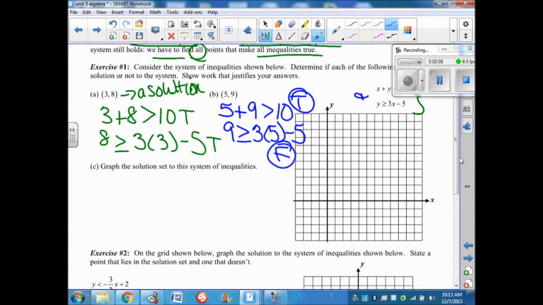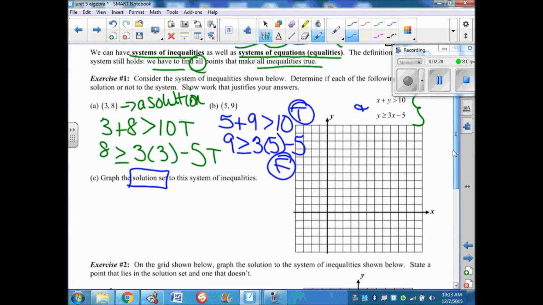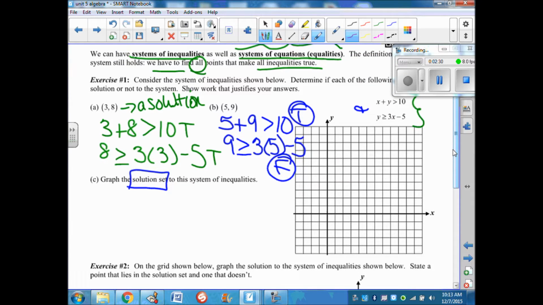So let's take a look at graphing. It says graph the solution set. Now remember, because this is a system of inequalities, we have infinite solutions, so we're talking about a solution set here. It's not just going to be one point that makes this system true. So let's take that first one and solve it for y.